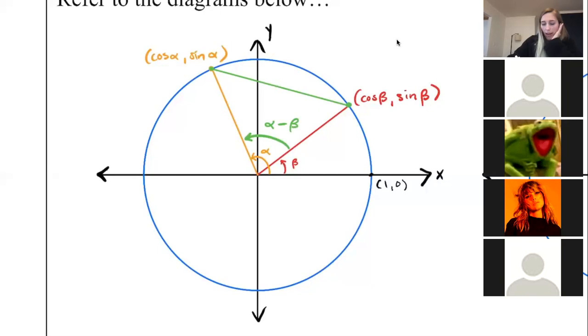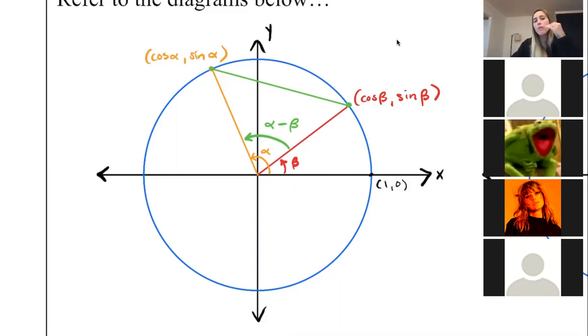The point on the unit circle that corresponds to the angle beta is (cosine beta, sine beta). And then I have an angle in quadrant 2 that I'm calling alpha. The point on the unit circle that corresponds to alpha is (cosine alpha, sine alpha).